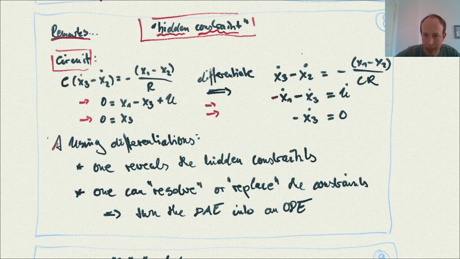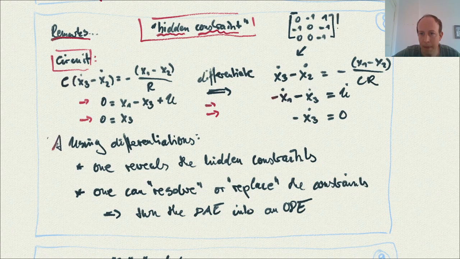If one has a look at this coefficient matrix, here we have a 1, a minus 1, and a 0. Here we have a minus 1, a 0, and a minus 1. Here we have a 0, 0, minus 1.